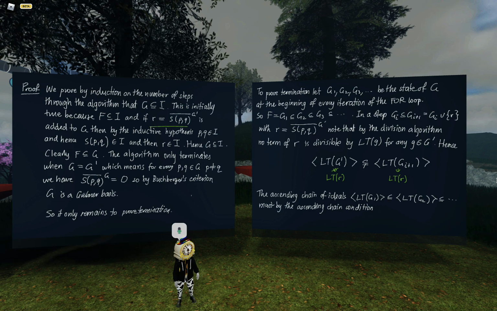That was the Hilbert basis theorem, essentially, which we proved earlier. So by that theorem, this must eventually stabilize.